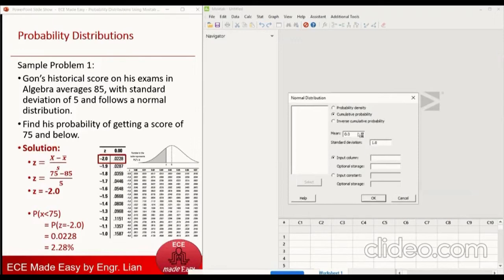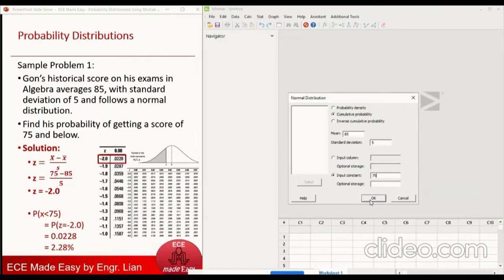And in this cumulative probability, that is actually the value of 75 and below. So we'll just input the mean, which is 85, standard deviation of 5, and we want to input the value of 75 and below. So that will be an input constant, which is 75. In this calculation mode, it's always referring to the left tail or this figure shown here.